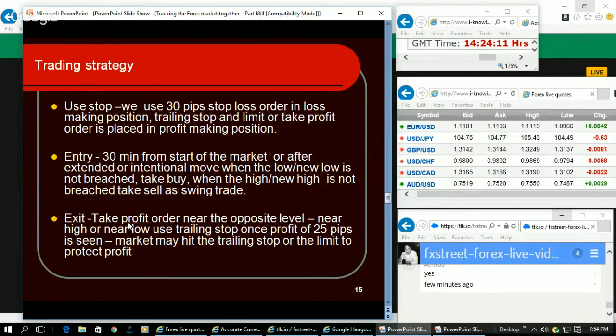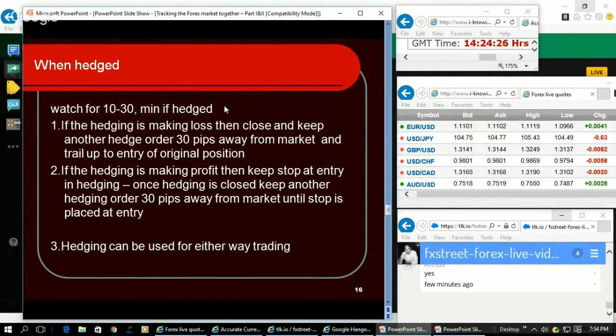And then we keep the profit taking order 30 or 45 pips away from the entry, and keep about a 30 pip hedge order to limit the risk. Especially on US trading platforms, the hedging facility is not available, but other platforms are offering it. If you are able to use hedging on the same pair, then you can take a buy as well as a sell position in the same currency, and that will not be closed.